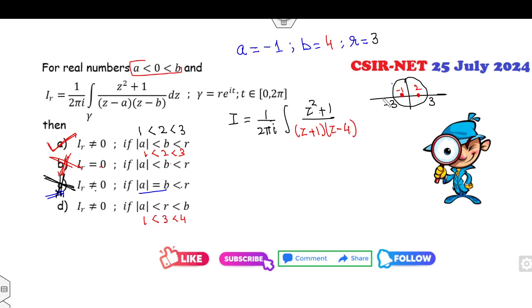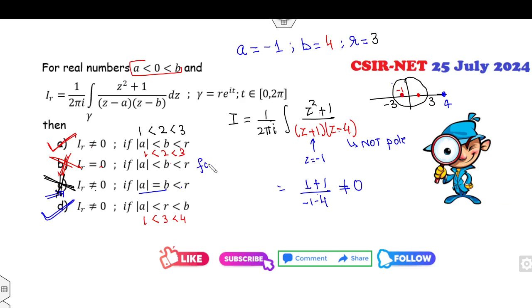Now -1 lies inside this circle, but 4 lies outside, so this is not a pole here. So that means I have to find only the value at z is equal to -1. So that will be 1 plus 1 into -1 minus 4, which is non-zero. So yes, this option is also the correct option.